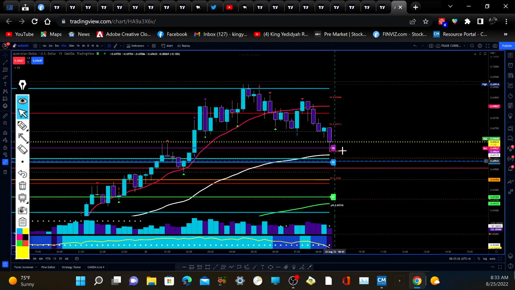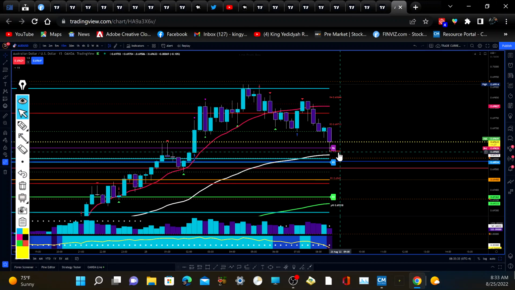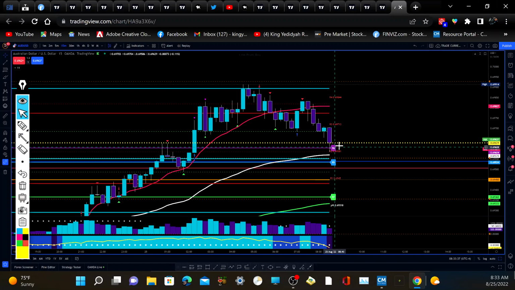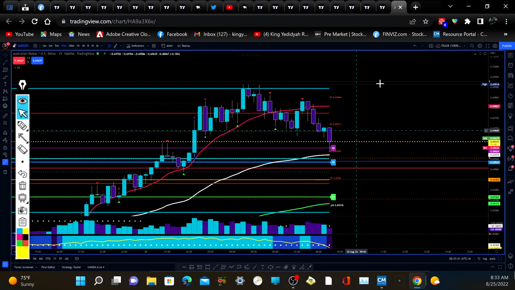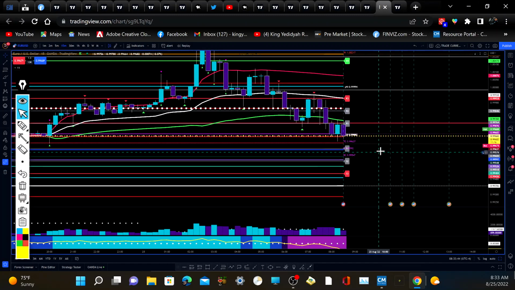So AUD USD is catching some support here at R6, around this level. Floor pivot R2 is at 0.69581. R6 is at 0.69605. Let's see, euro is still looking a little weak.